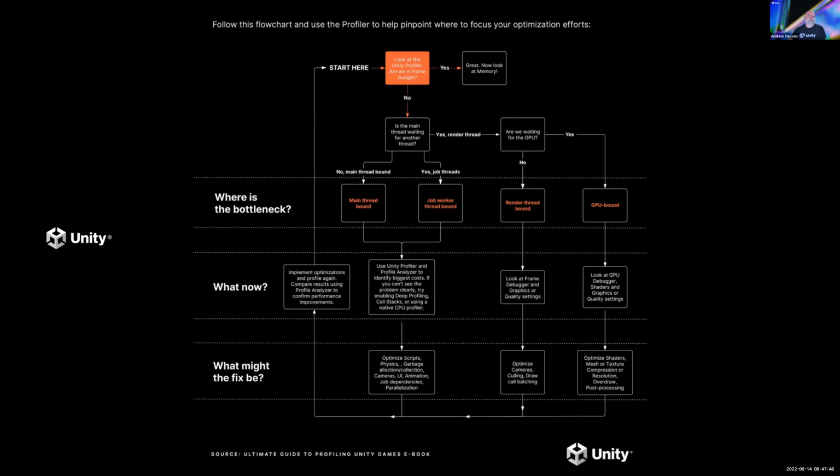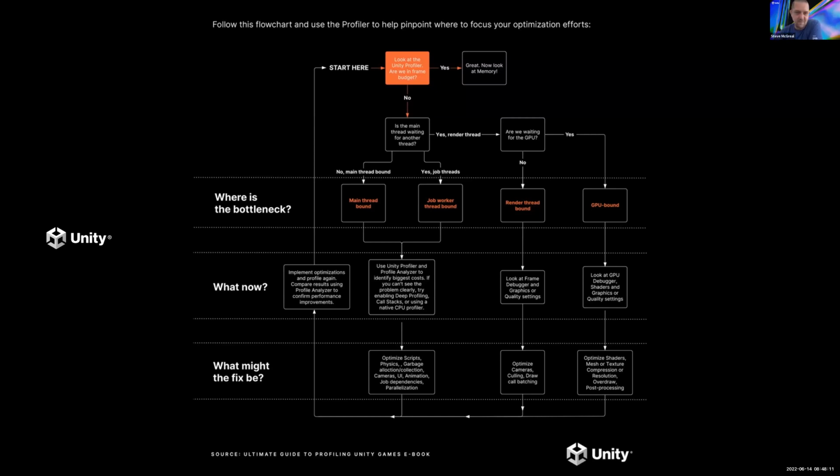I tried to do this flow chart to talk through what my process is when I'm looking at customer projects. We start at the top where we just check the Unity profiler as a first thing, to see if we're in frame budget. If we are, that's great. Let's go look at memory and move on to that.